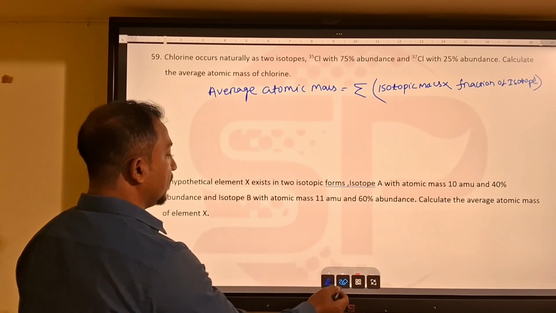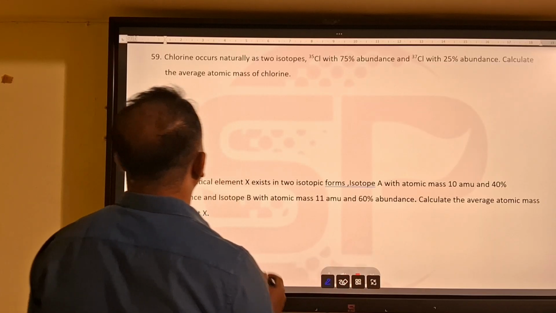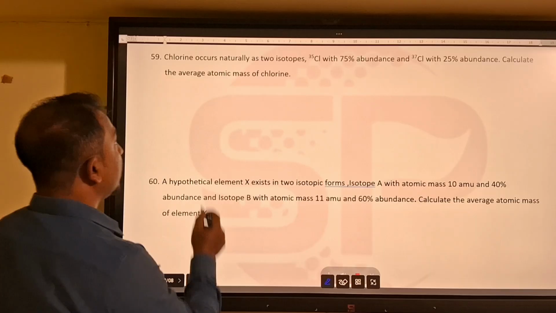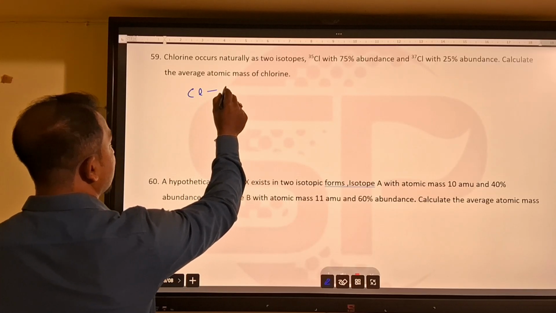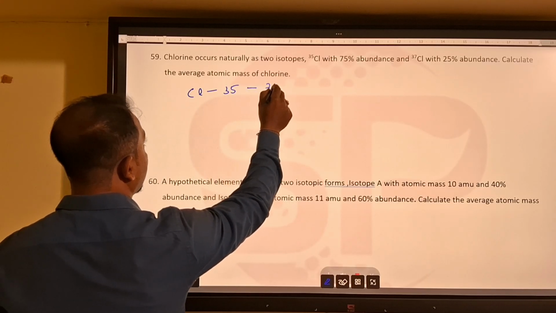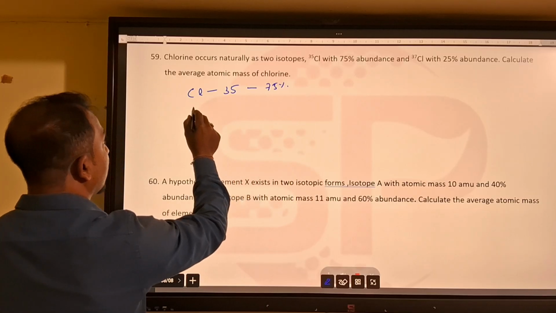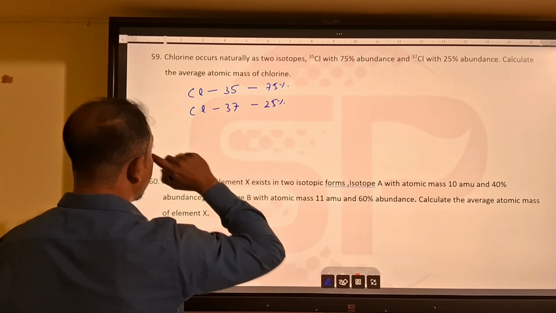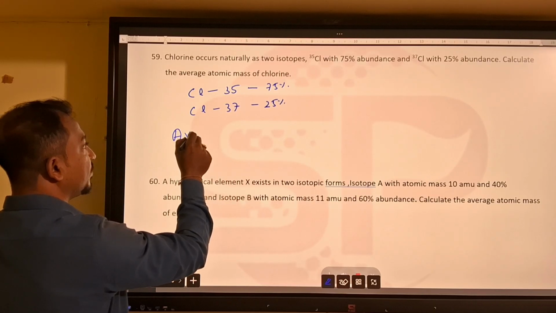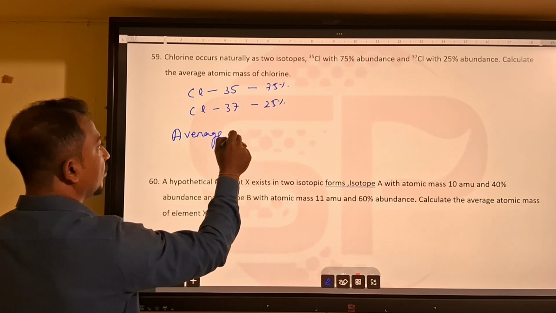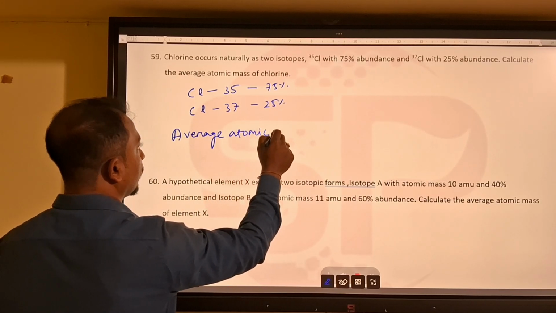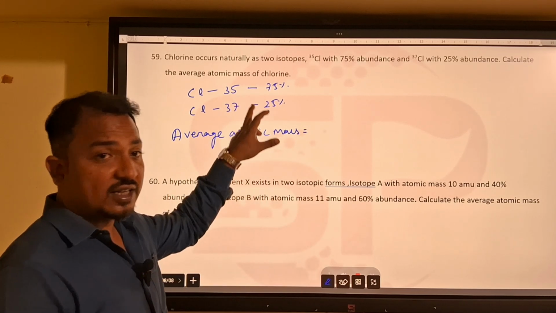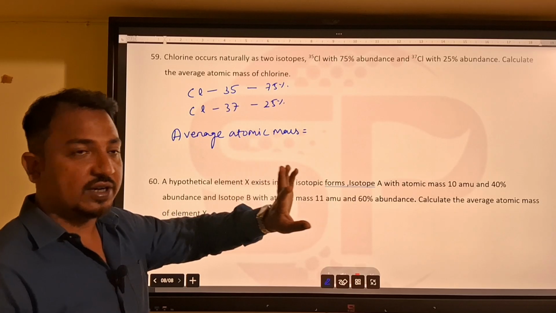So let's solve this problem. Chlorine occurs naturally as 2 isotopes. Chlorine with mass 35 has an abundance of 75%. Chlorine with mass 37 has an abundance of 25%. So I have to calculate the average atomic mass. Atomic mass is given, one is 35, one is 37.